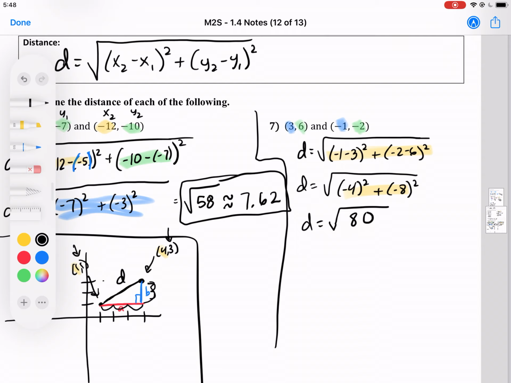I get 80. And then I'm going to find my distance by typing in the square root of 80. So square root of 80 is approximately 8.94. And that is it.